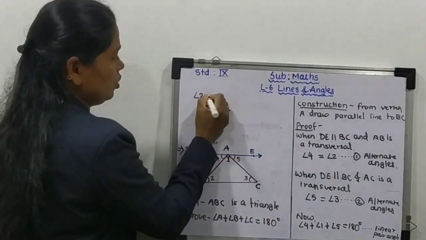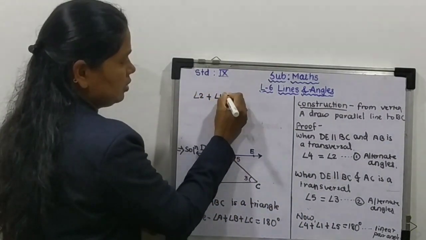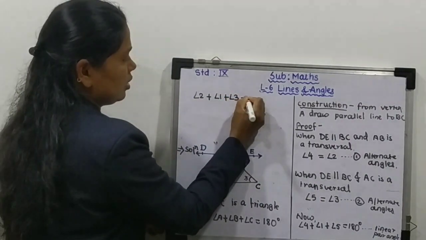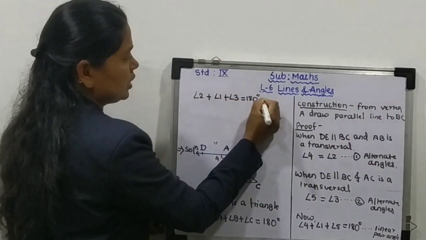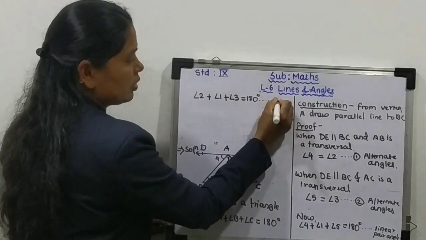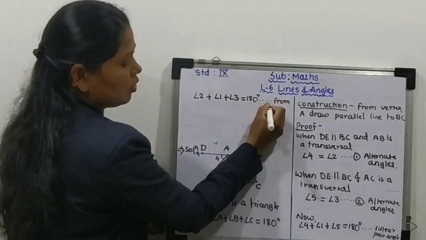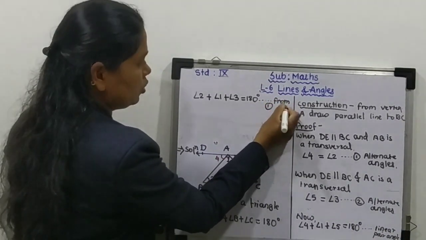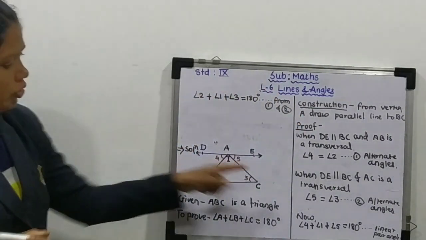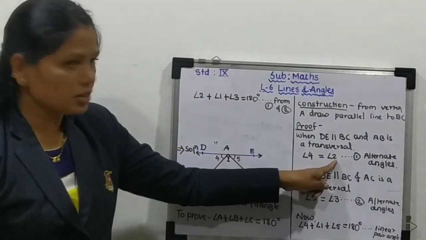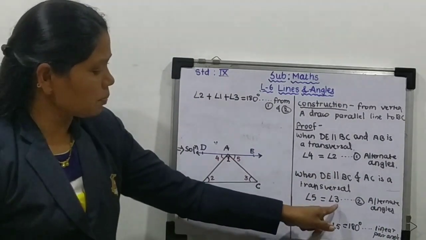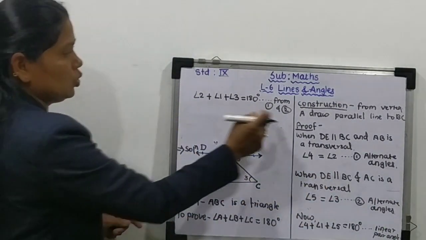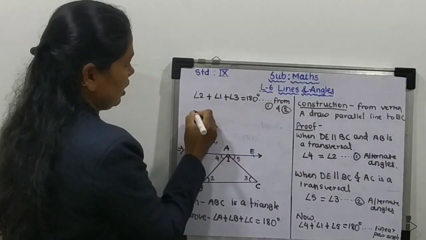So angle 2 plus angle 1 plus angle 3 equals to 180 degree, by what we have written from 1 and 2. Right? What have we done? 4 is replaced with the 2 and 5 is replaced with the 3. So we got this and hence proved.